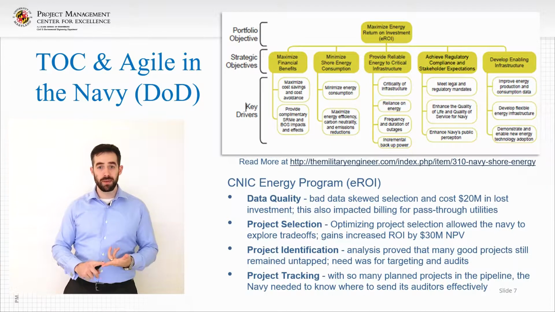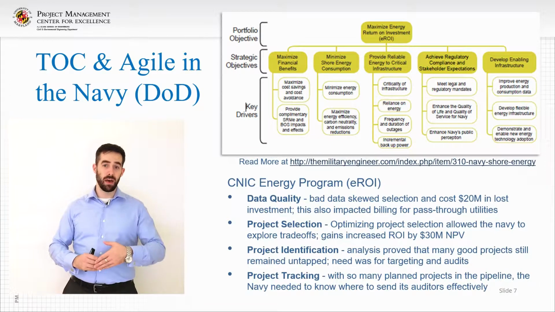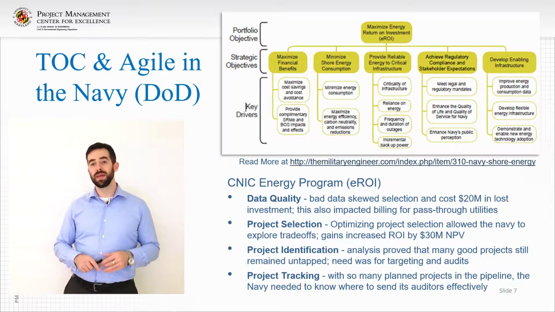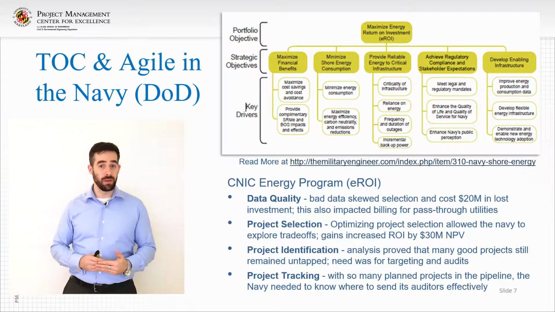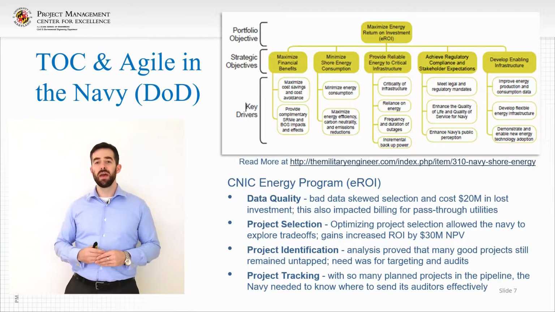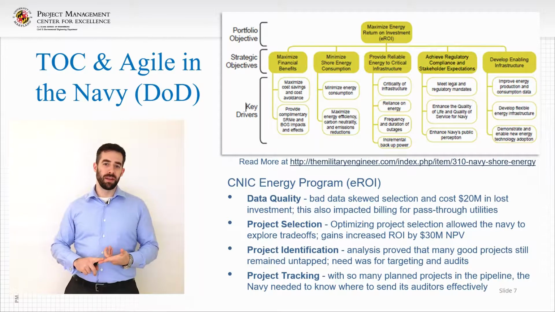It could be financial benefits, it could be reducing energy, it could be putting in infrastructure that was going to help the next project. Once you corrected the formula, you could pick much better projects if you ranked by EROI and did so effectively, and we corrected the scoring. The scoring allowed us to improve the selection by another $30 million in terms of the impact score. And so finally, we were saving $50 million in net present value per year.